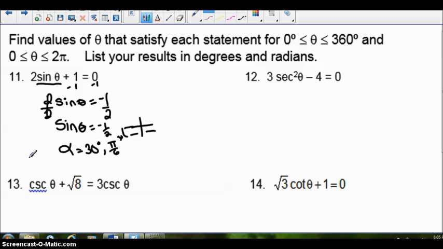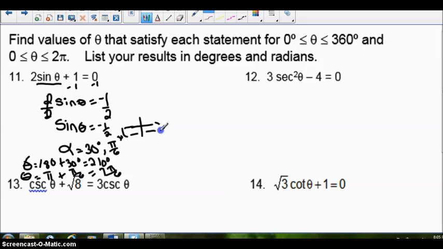So we would say theta could be 180 plus 30 degrees, which is 210. Or we can say theta is pi plus pi over 6, which is 7 pi over 6.